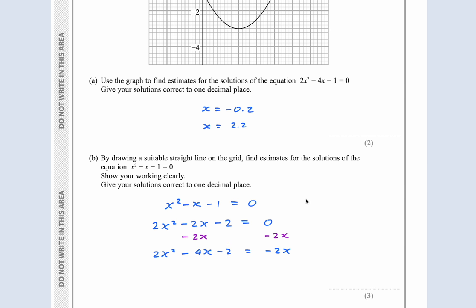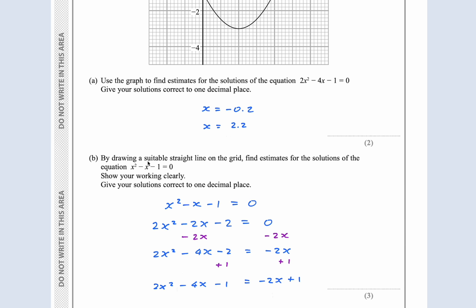So I have to add 1 to get minus 1, which means here I need to add 1. So this becomes 2x squared minus 4x minus 1, because minus 2 plus 1 is minus 1, and this equals minus 2x plus 1. So to solve the equation, where does this equal 0, that is the very same as solving the equation, where does this equal this?